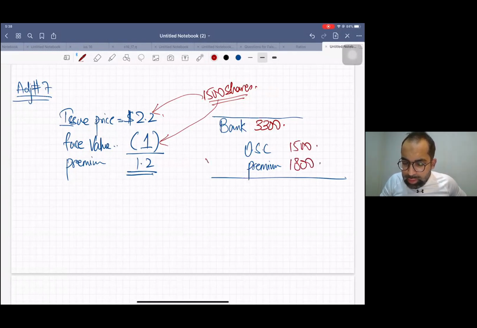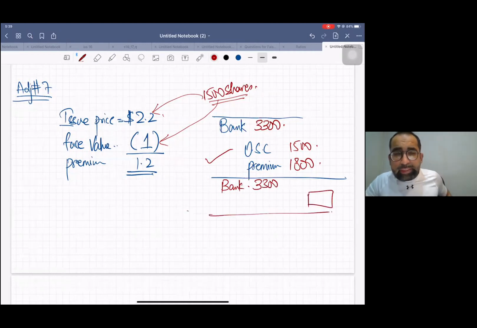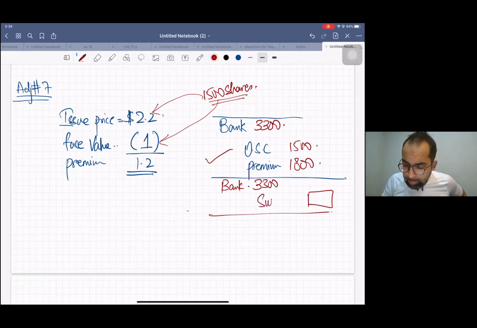You should have made this entry, but the accountant just debited the bank and forgot to credit anything. So bank debit and suspense account credit.